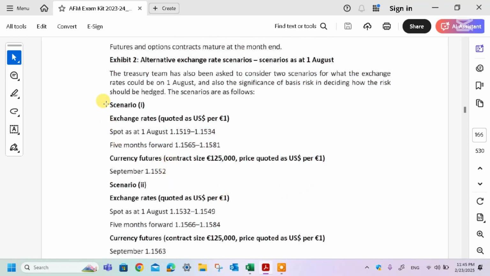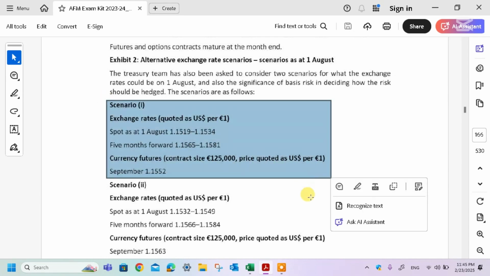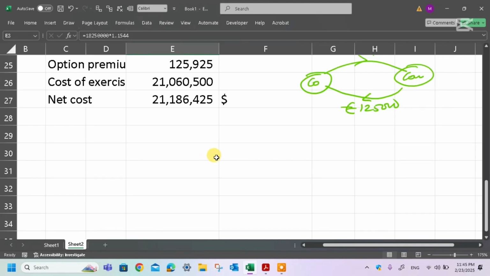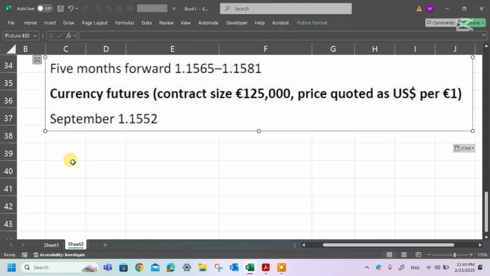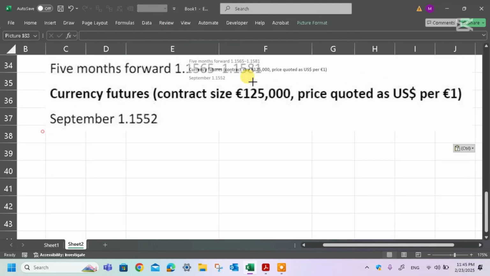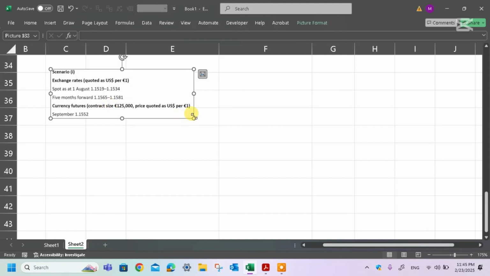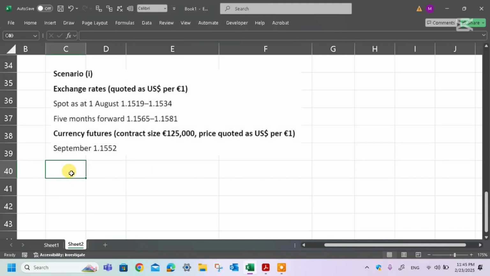Right, let me anyway copy this. Scenario 1. I'll take this information to my working. Okay, part B. Scenario 1.